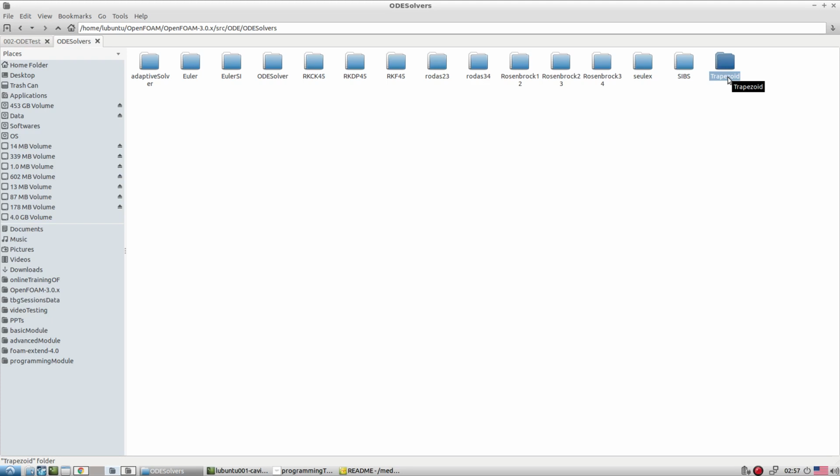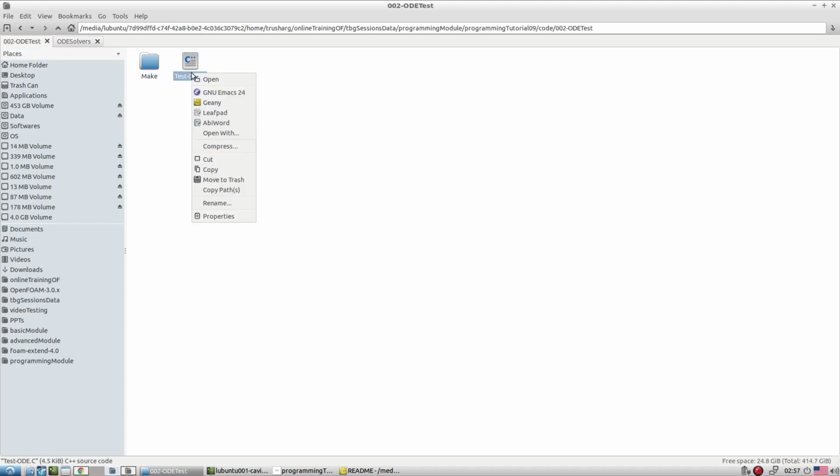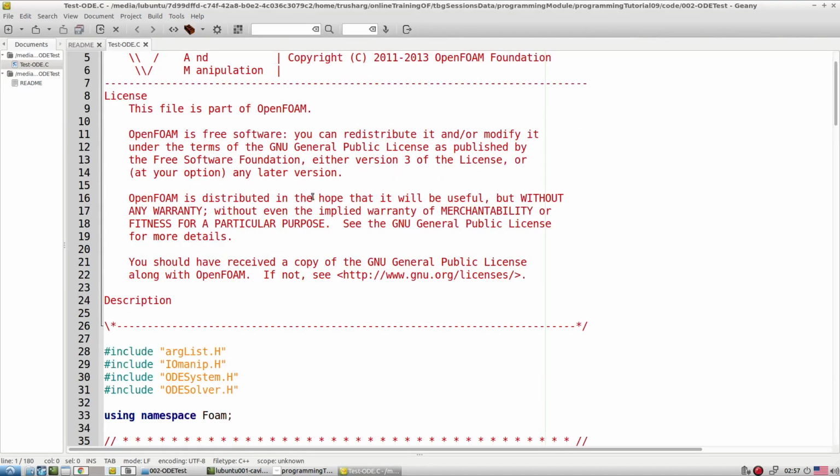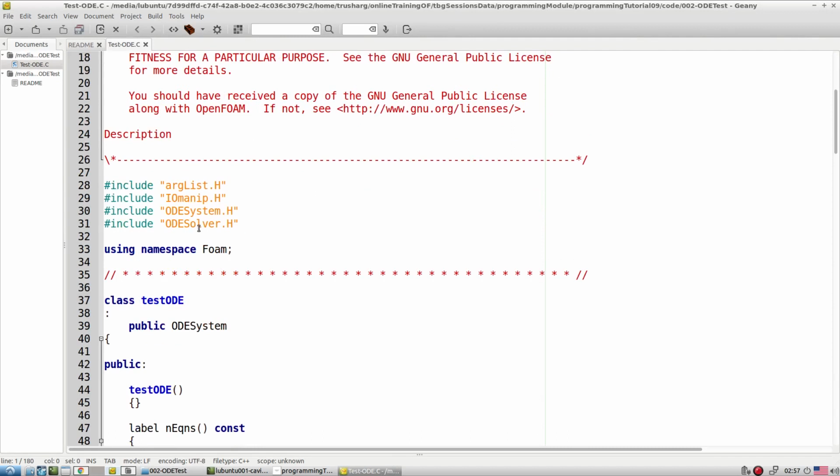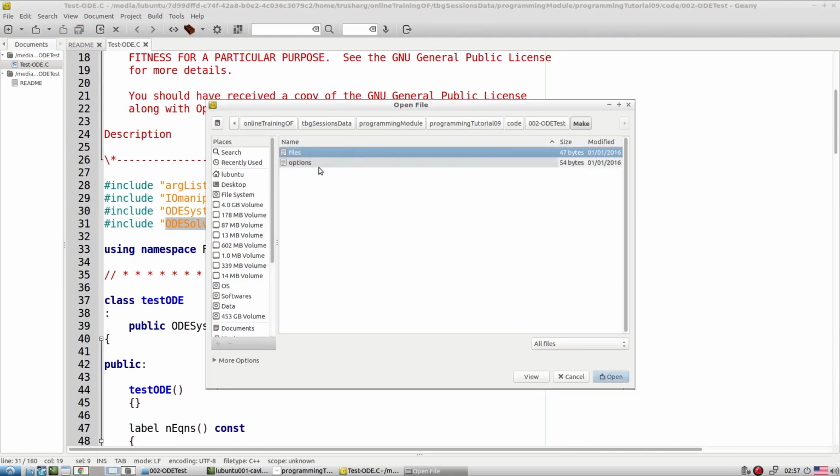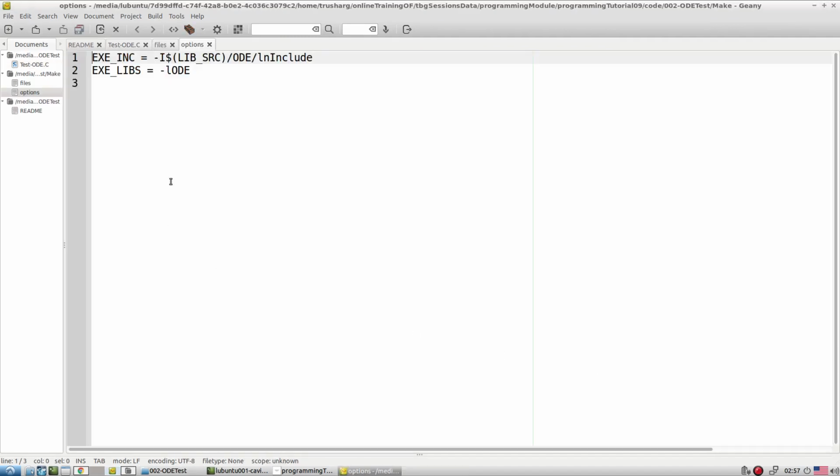So how exactly does this ordinary differential equation solver work inside OpenFOAM? For that, let's explore a few things, not the different classes of solvers, but how this particular C code can be developed. If you look here, you have to add this ODE solver.h file, and when you are adding this file, inside the files and options you must have a proper entry, src ODE included.